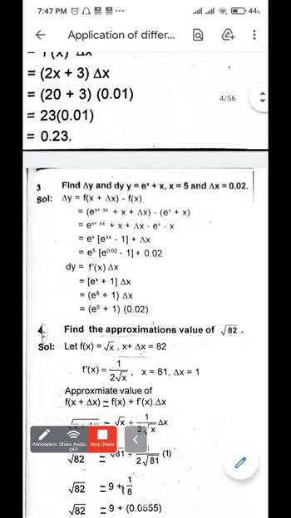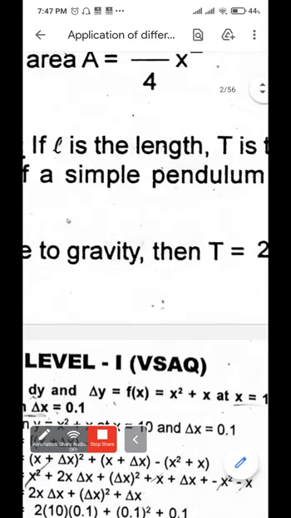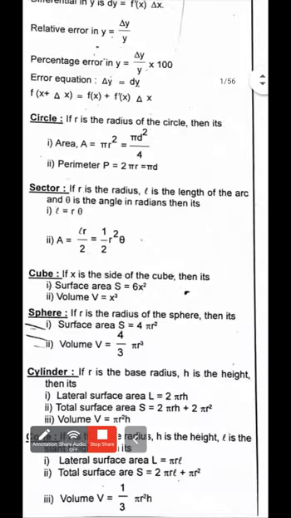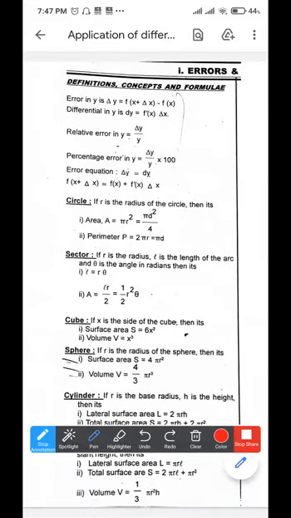So now what I want you to do is write these formulas now. Once you are done writing these formulas, just let me know.